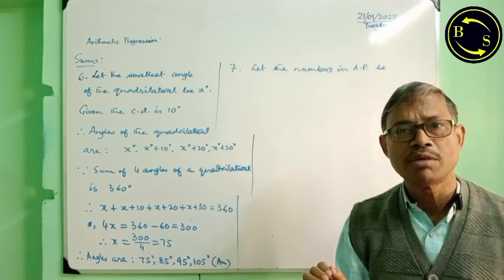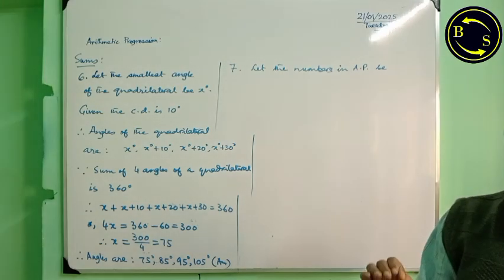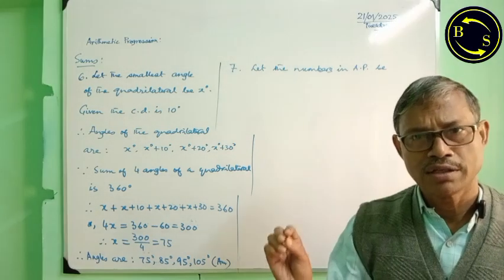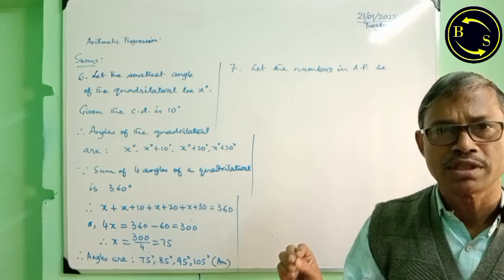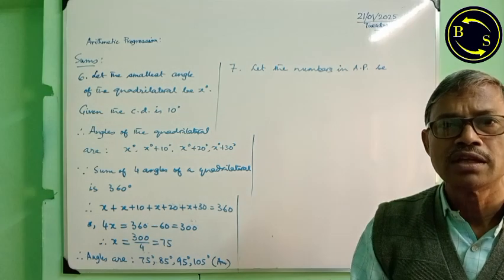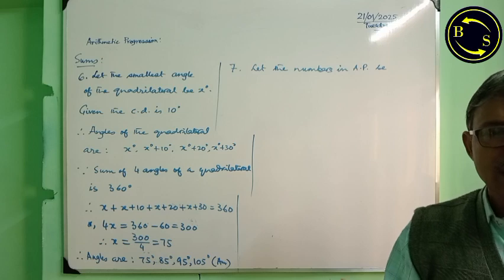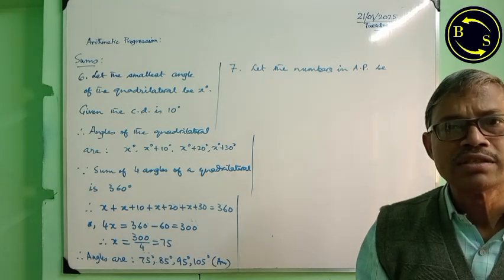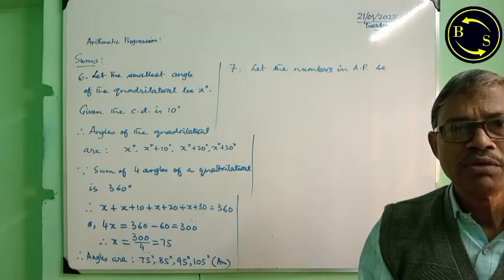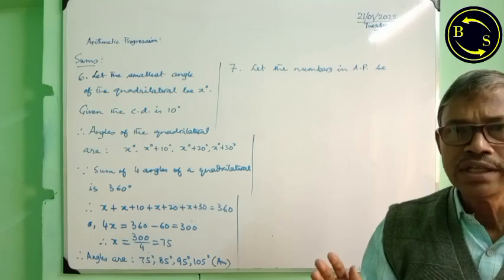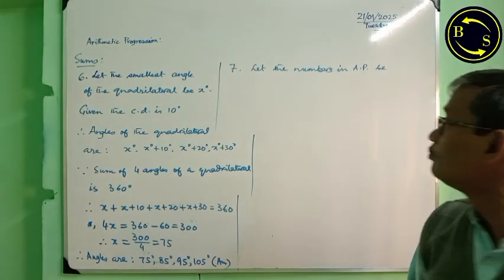In case of 3 numbers in AP, and also the sum of the numbers given, you take the numbers as a minus d, a and a plus d. Then you see, if you add these, d will be cancelled. You will get easily the value of a.